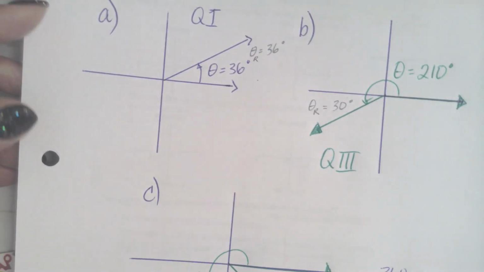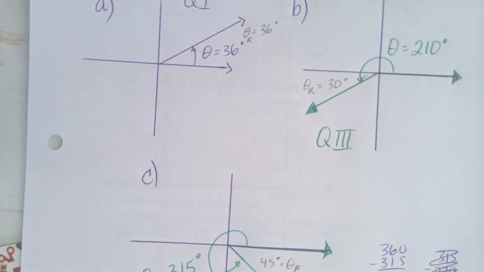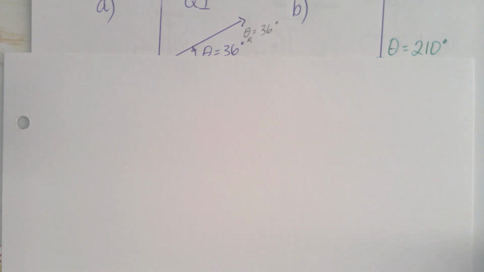Now all these reference angles are all different. But what happens if I had 4 standard position angles that all had the same reference angle? So I'm going to grab a piece of paper, and we're going to pick a reference angle of 30 degrees. I'm going to draw them across here. You can just watch this.